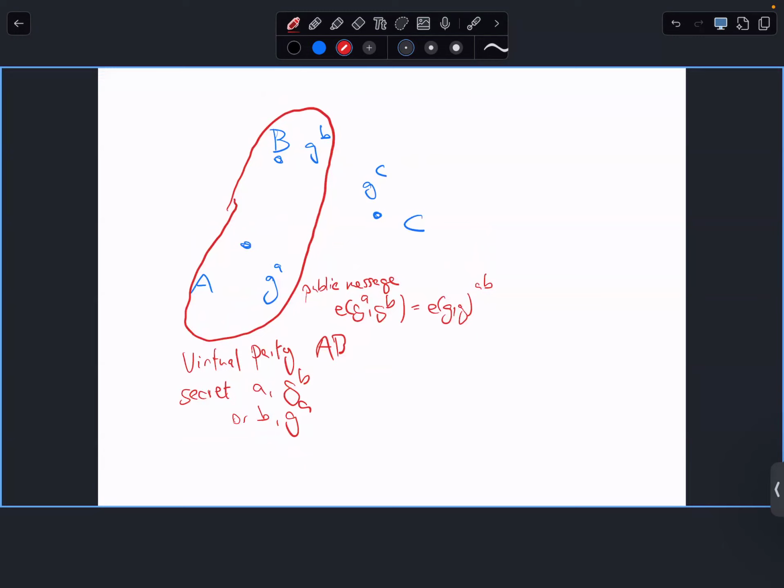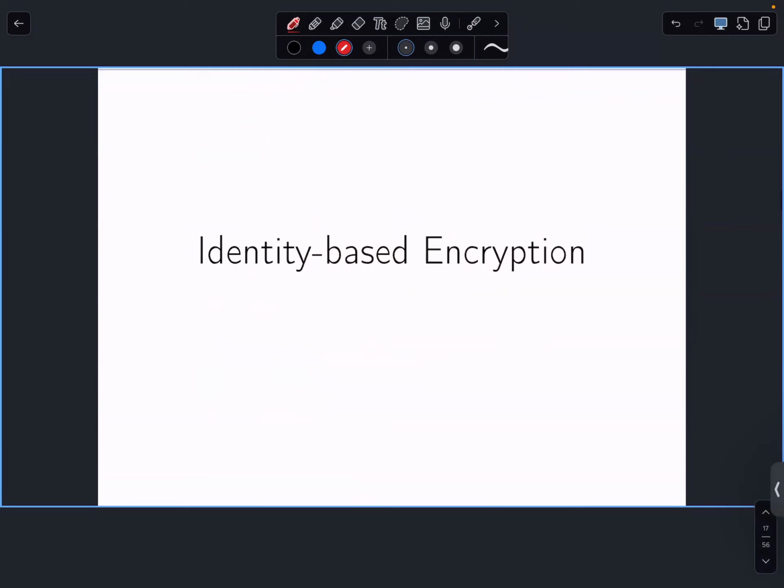Good. And this observation is the segue to our next topic, a notion called identity-based encryption. So far, we've essentially seen encryption in its private and public key flavor, but the way we differentiated different public key encryption schemes was by the level of security that they achieve.